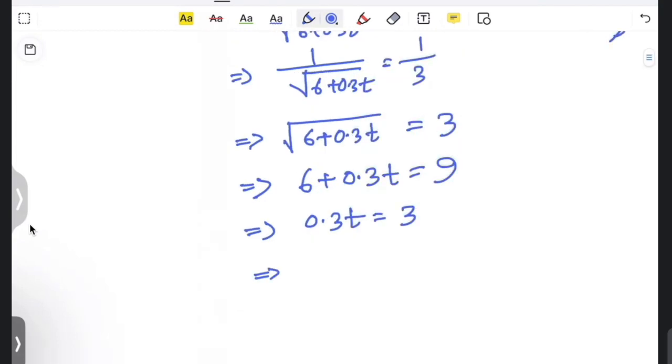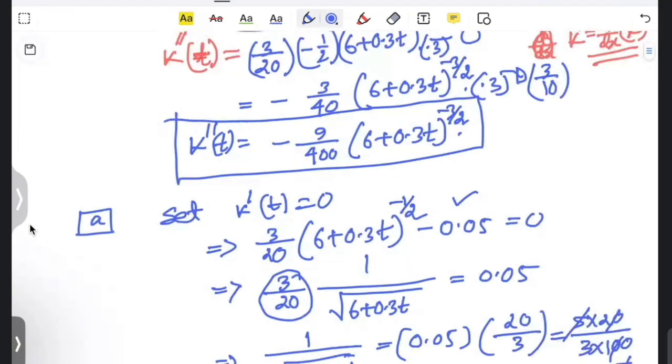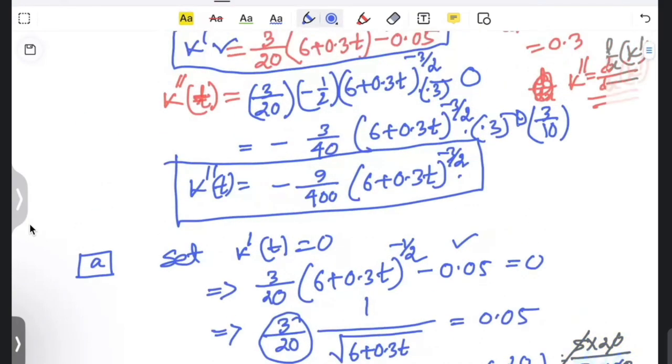This implies t equals 3/0.3, which is 10. Therefore t equals 10.